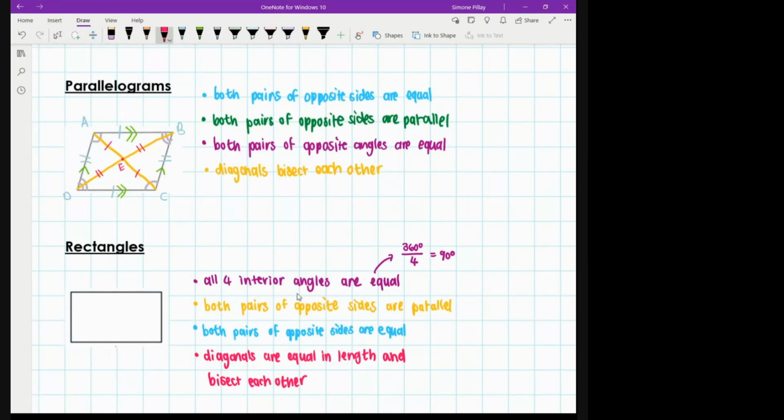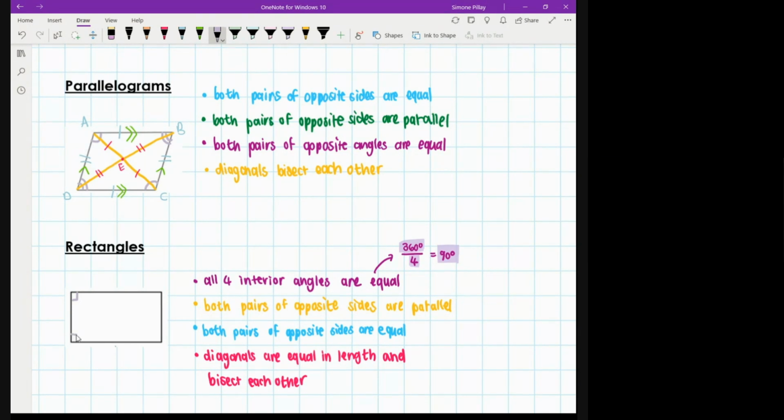If all four of my interior angles are equal, all of my angles add up to 360. If I divide by 4, every single one of my angles in a rectangle is going to be a 90-degree angle.